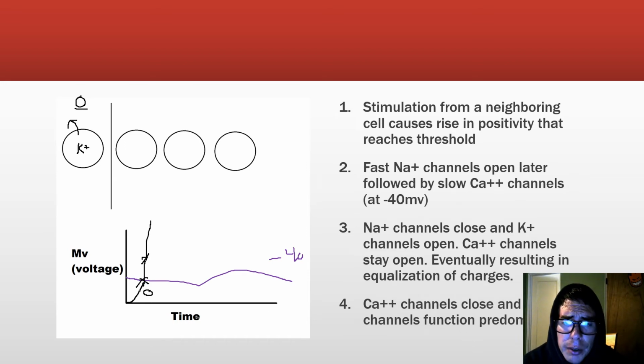Then from there, as the fast sodium channels open, that would be called phase 1. And I also have calcium. Then, once the sodium channels close, there's still calcium coming in.